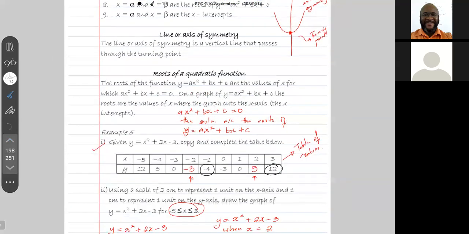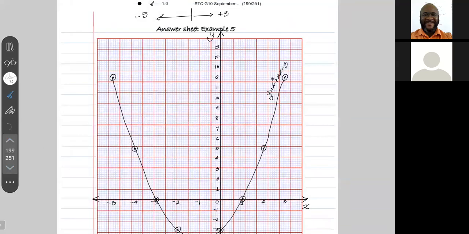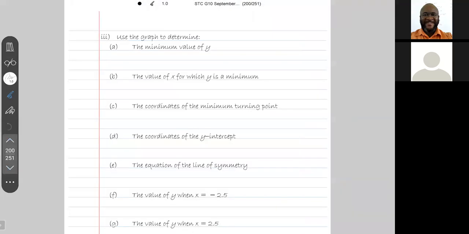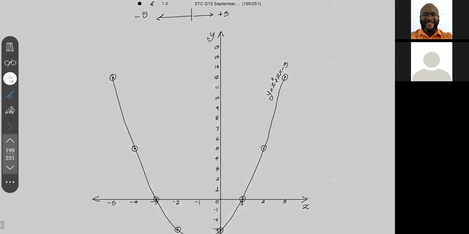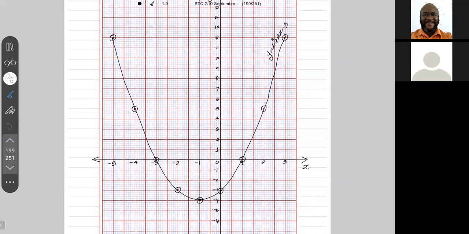Let's see if we have any question around here. No, we don't. So this is our graph, and this is our first question. Use the graph to determine the minimum value of y. Now, the minimum value of y is the value of y at the lowest point on your graph.